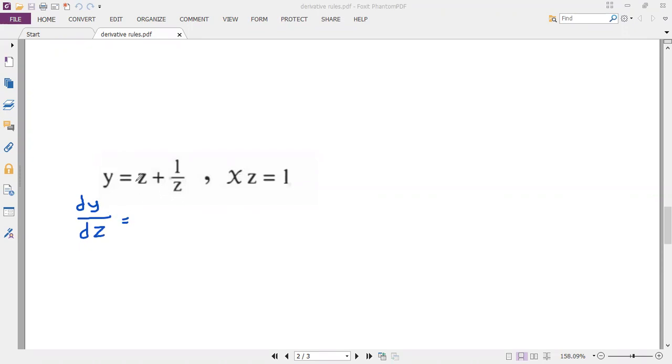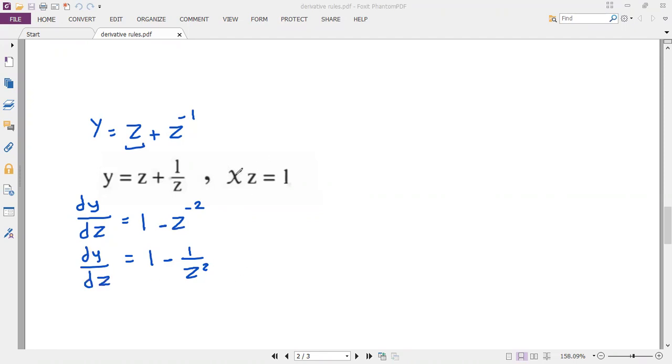You know, y is equal to z plus 1 over z, which is z raised to the power of negative 1. So what is dy over dz? The derivative of z is 1, and the derivative of z raised to the power of negative 1 is negative z, and subtract 1 from the power, it's negative 2. We can tidy it up and write it as 1 minus 1 over z squared. That is dy over dz.